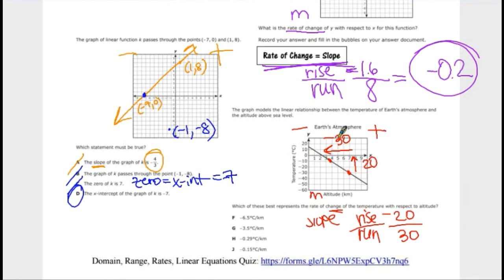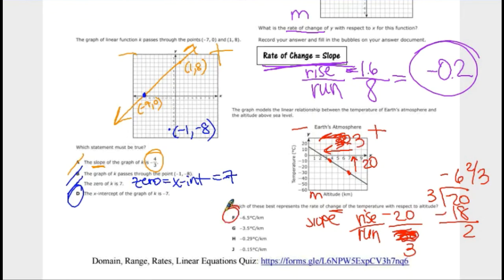You know what? That wasn't 30. That was 3, wasn't it? Hopefully somebody was looking at their screen like, what is she talking about? That should be 3. Okay, and then negative 20 over 3, if you think about 20 divided by 3, 3 goes into 20 6 times. Take away 18, we get 2, so negative 6 2/3. And that answer is very close to F.